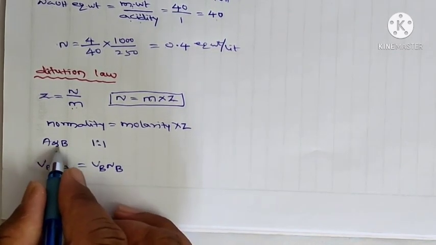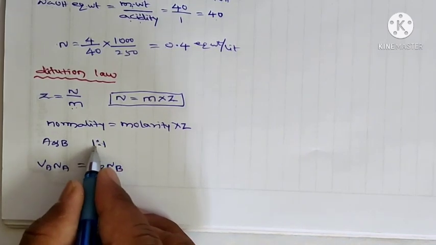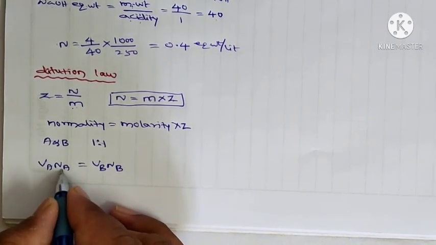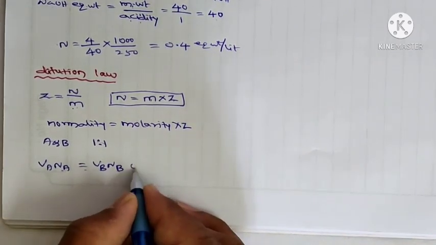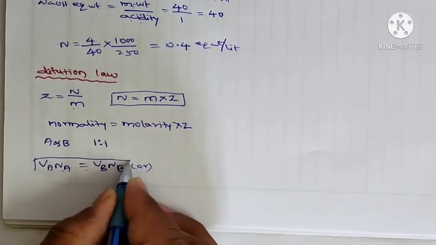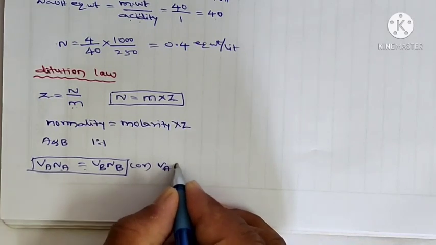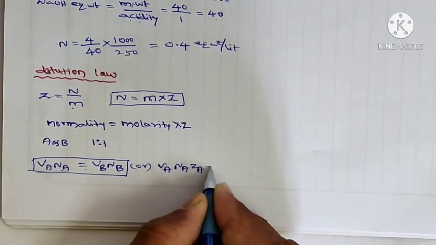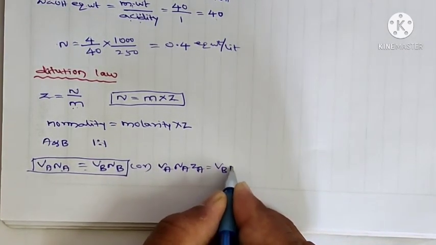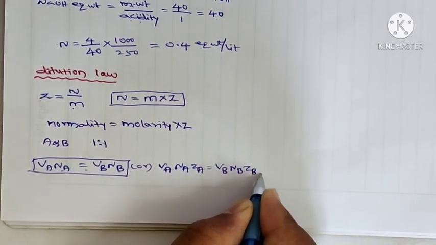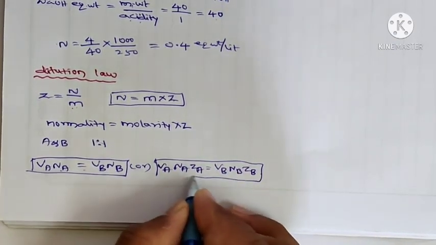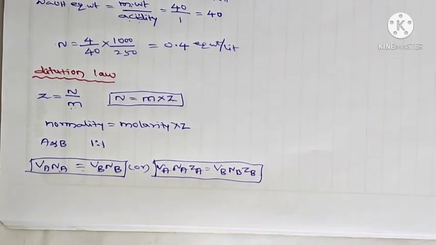So VA is equal to VB, or we can write with Z: VA ZA is equal to VB ZB. So this is the dilution law.